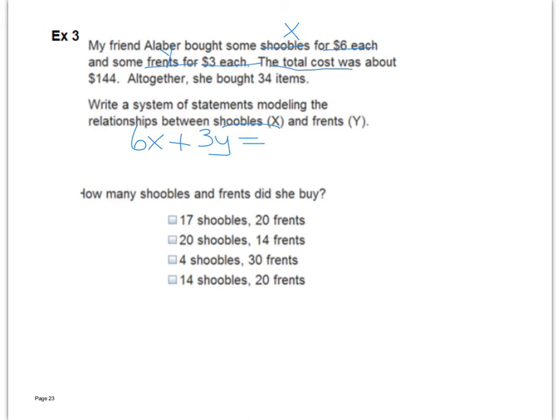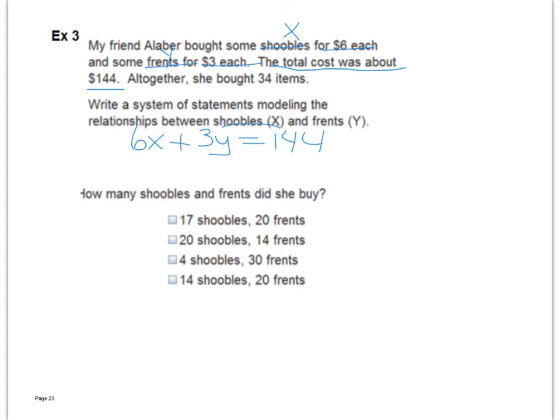Oh, wait, it just says that. My total cost is $144. So this is basically the money I spent on shoebles, the money Algebra actually spent on fronts, should give me my total cost. That might be something you want to write down in your notes in words.